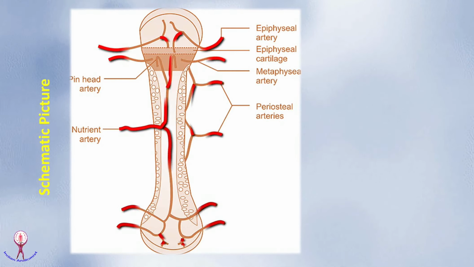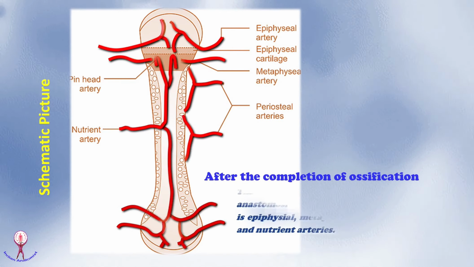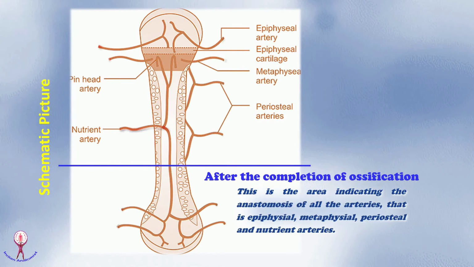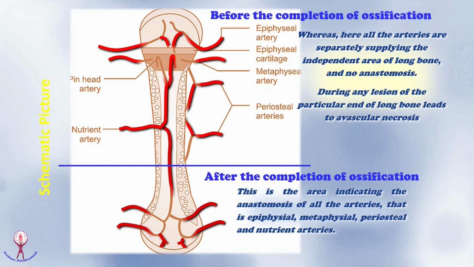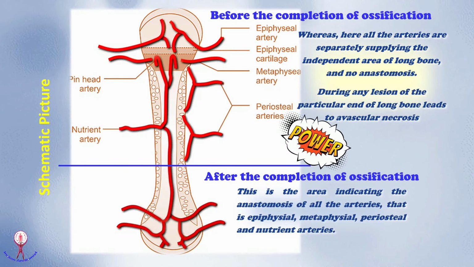This is the area indicating the anastomosis of all the arteries, that is epiphyseal, metaphyseal, periosteal, and nutrient arteries. This is seen in adult long bones after the completion of ossification. Because of this anastomosis, the bone ends establish collateral circulation, that is the power of anastomosis.